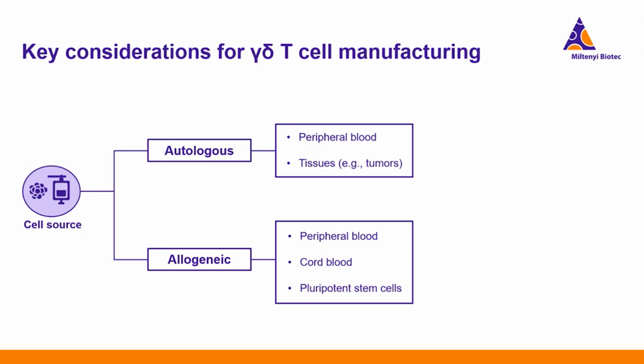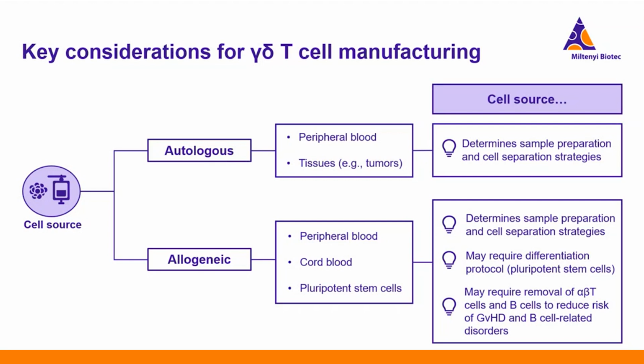If we look at the cell source, we can use either an autologous cell source, particularly peripheral blood or tissues, mainly tumors. Or also, we could use allogeneic cell sources. Here, the range is wider. We could use peripheral blood, cord blood, or even pluripotent stem cells. And the point here is that the cell source that we are going to use is going to determine the sample preparation and the cell separation strategies in our manufacturing workflow.